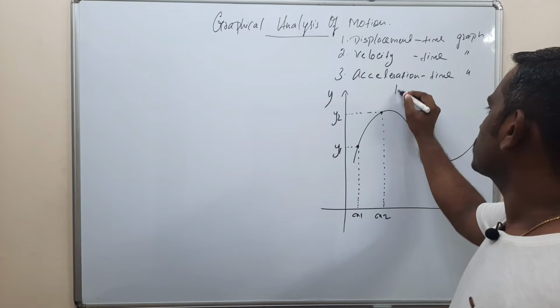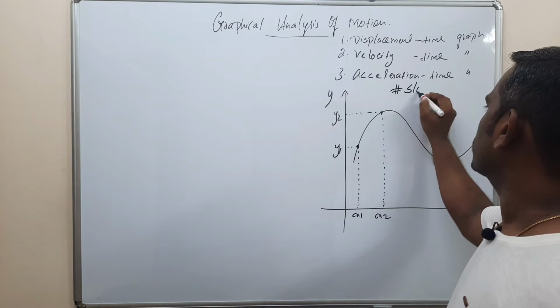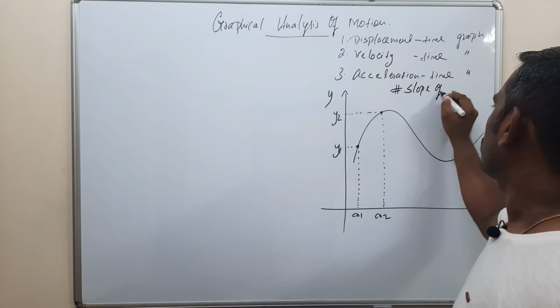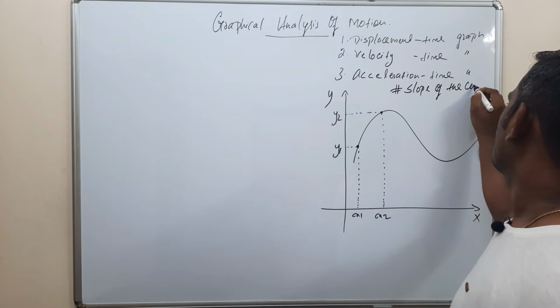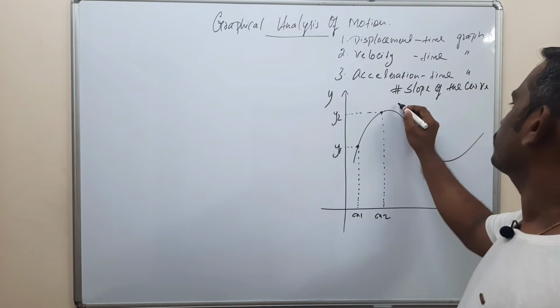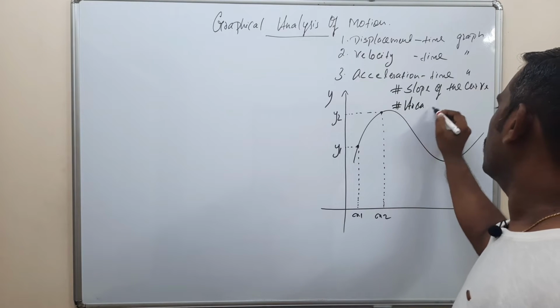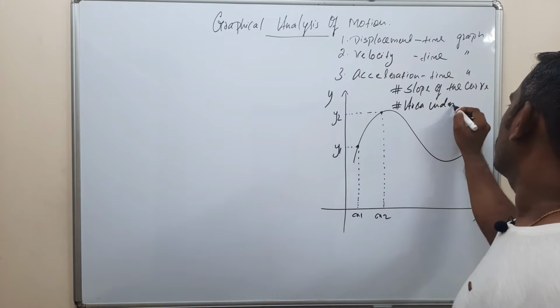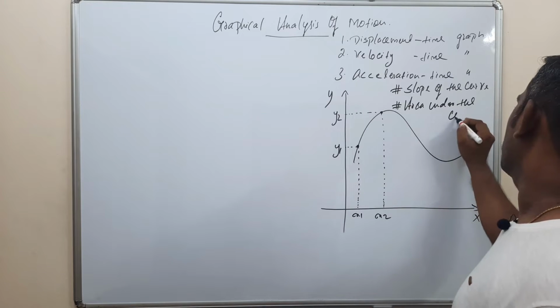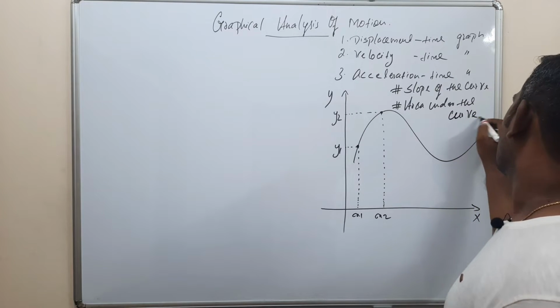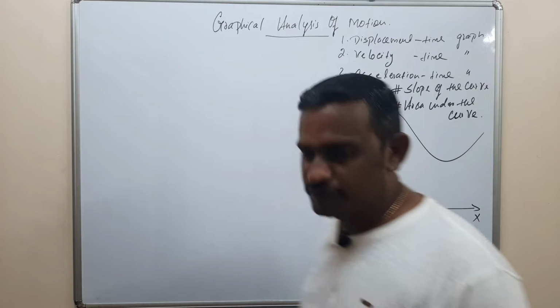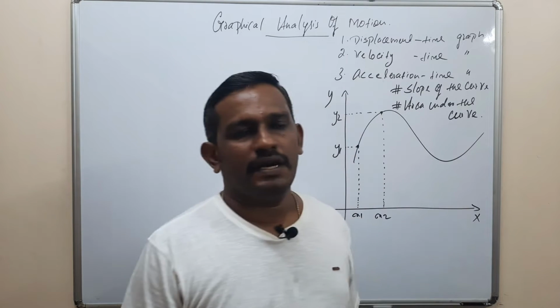One, that is slope of the curve. Two, area under the curve. Slope of the curve and area under the curve.